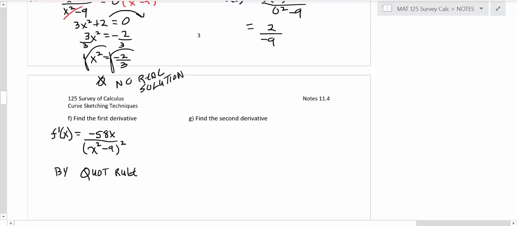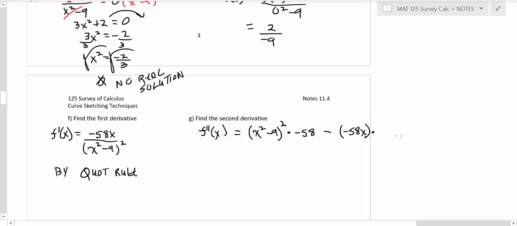I'm going to do the same thing on the second derivative. You would just take the derivative of the first derivative by the quotient rule. Let's at least set this one up. You take the bottom, (x squared minus 9) squared, times the derivative of the top, which is negative 58, minus the top, negative 58x, times the derivative of the bottom.